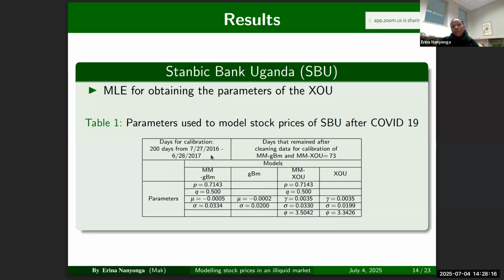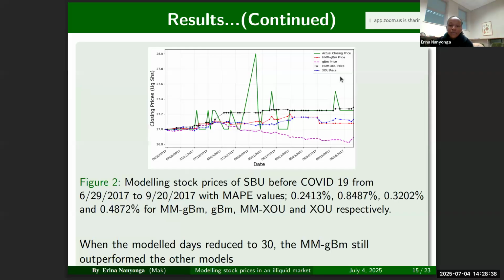So we modeled the next 50 days after 28th June 2017, using these models, each model independently, and came up with this. The mean absolute percentage error for the combination of the Markov model and GBM was 0.2413. The one of GBM was 0.8487%.